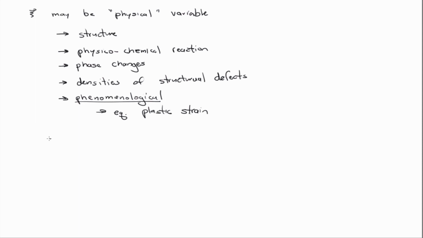So one of the assumptions that we make is that the total strain tensor can be decomposed into an elastic part and a plastic part. And whenever you see it written like this, an additive decomposition of the strain, this is really only true for small strains.